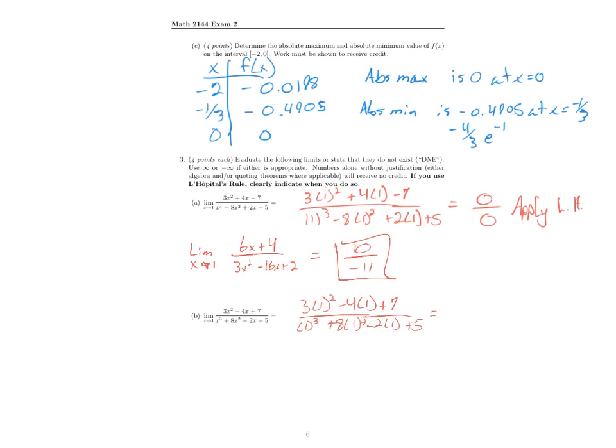Evaluating that, it's going to give us 3 minus 4 plus 7, so that's 6. On the bottom, 1 plus 8 is 9, minus 2 is 7, plus 5 is 12, which then reduces down to 1/2. So the limit is 1/2. Here for part B, we didn't have to apply L'Hopital's rule because we didn't get an indeterminate form when we plugged in 1 to our limit.